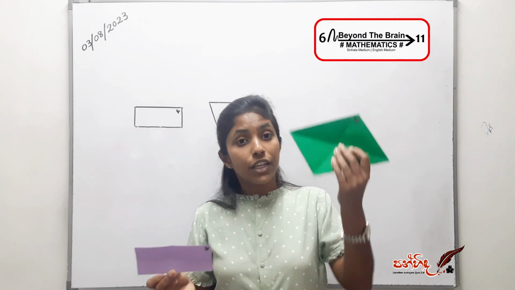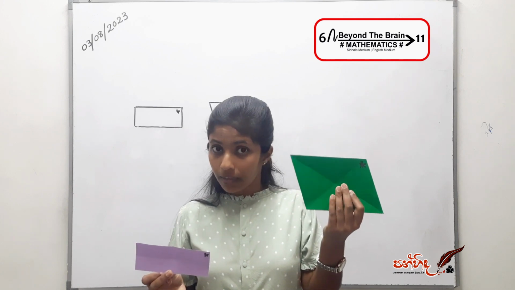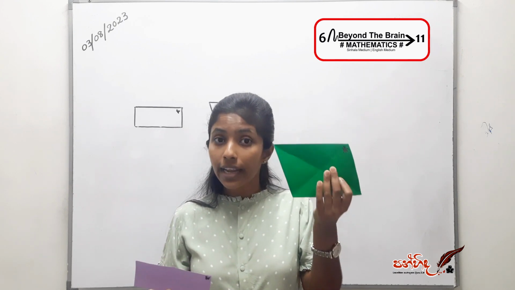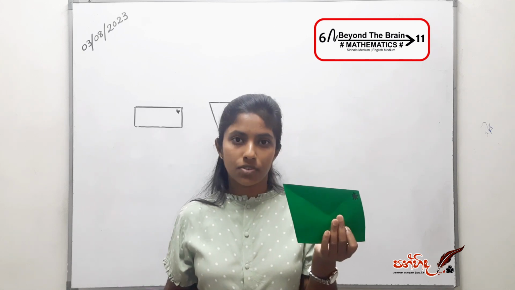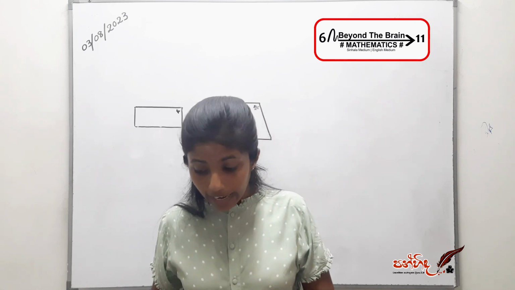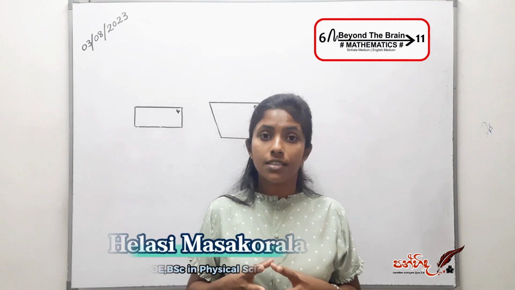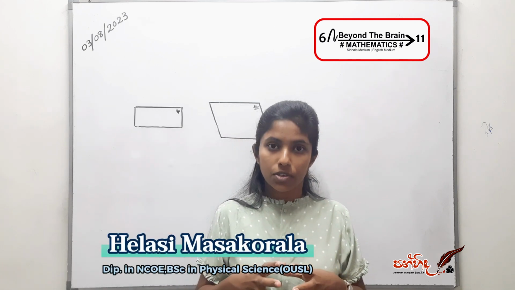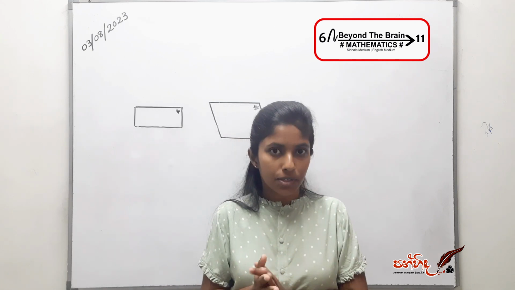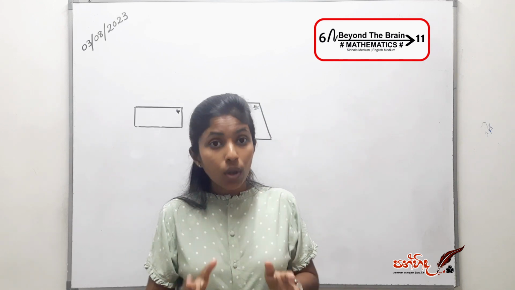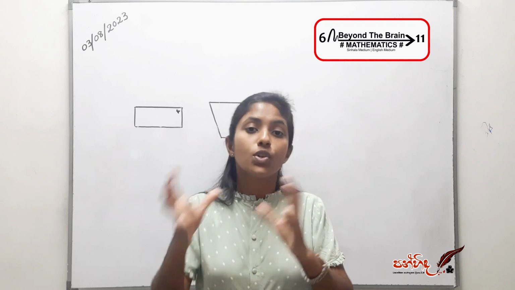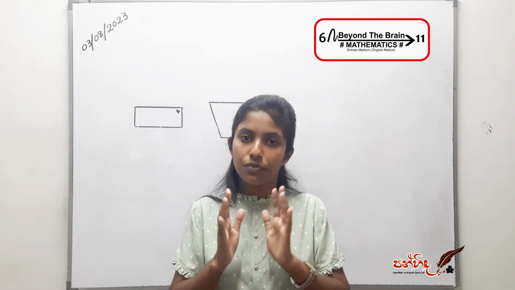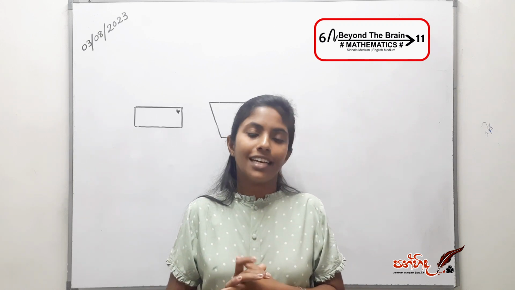But the parallelogram does not have bilateral symmetry, but it has rotational symmetry, right? So there can be plane figures which have rotational symmetry but do not have bilateral symmetry. But all the figures that have bilateral symmetry also have rotational symmetry. That is a very, very important point that you have to know.